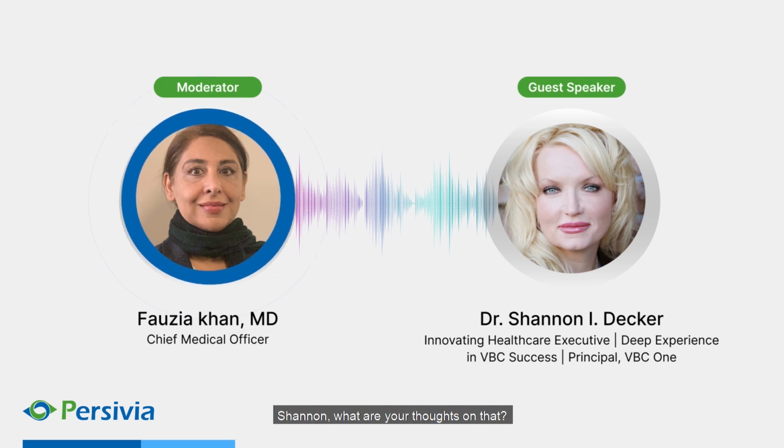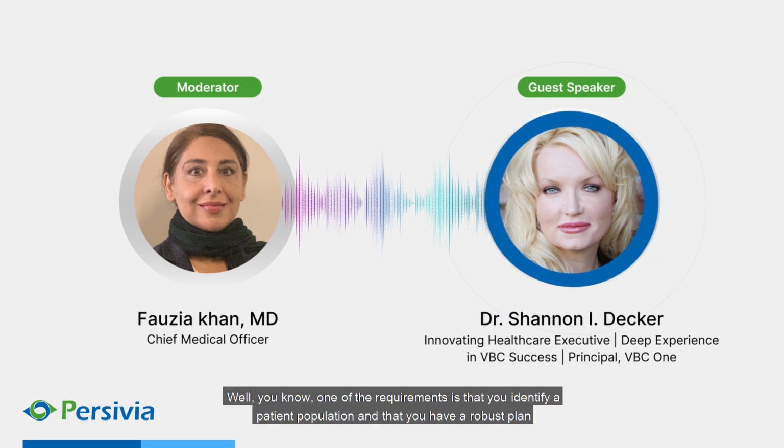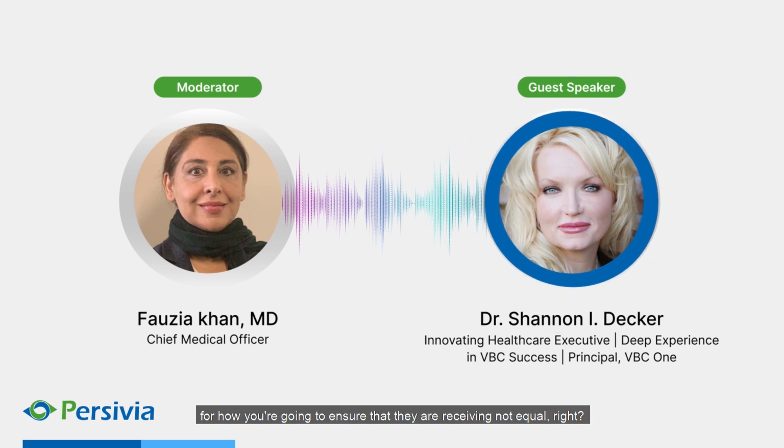Shannon, what are your thoughts on that? Well, one of the requirements is that you identify a patient population and that you have a robust plan for how you're going to ensure that they are receiving not equal, right?